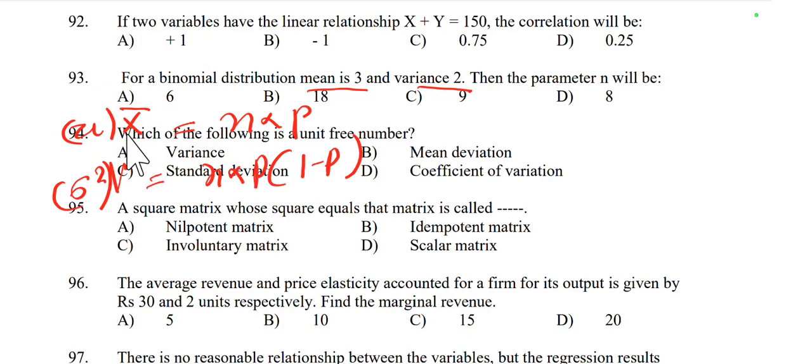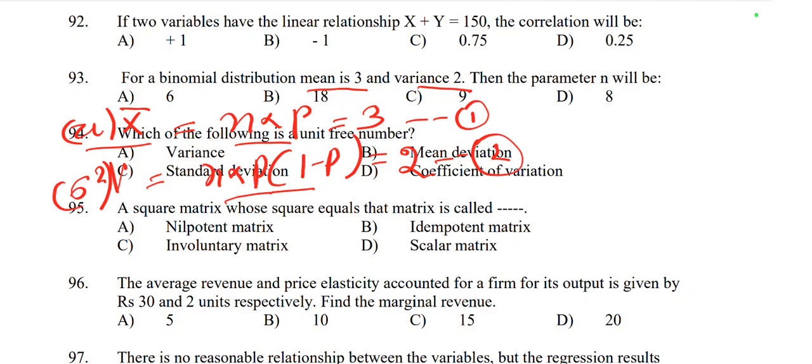Here the mean is 3 and the variance is 2. So n into p is equal to 3, equation 1. Then n into p into 1 minus p is equal to 2, equation 2.